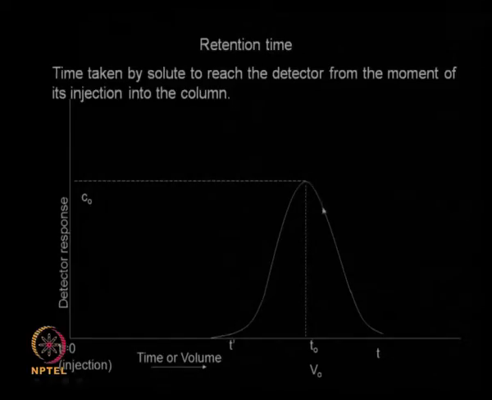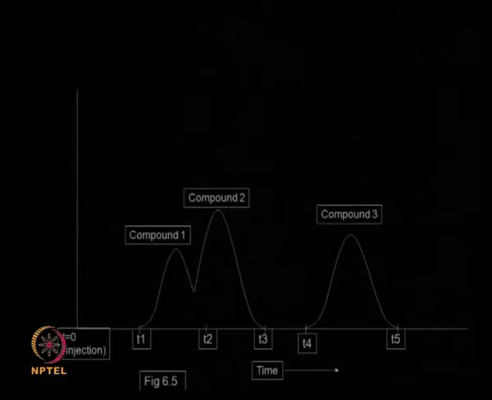Generally we assume this to be a very uniformly distributed normal Gaussian curve, but in reality it does not happen. You may have a slightly distorted curve, you may have a long start or a long tail, but generally we assume it to be a normal Gaussian uniform distribution.